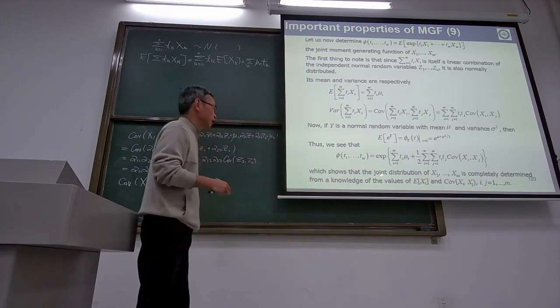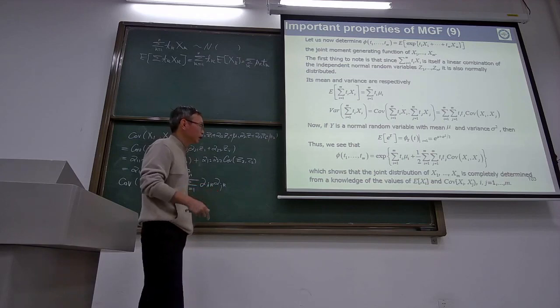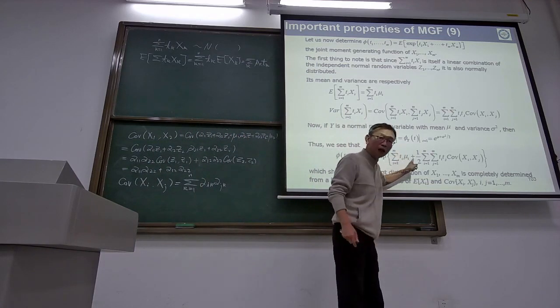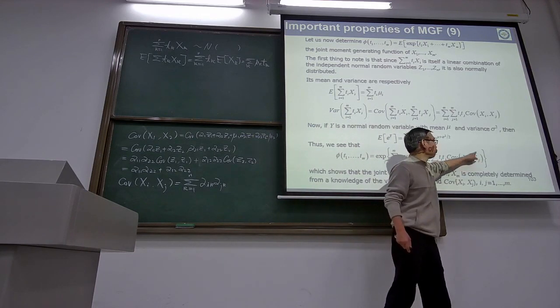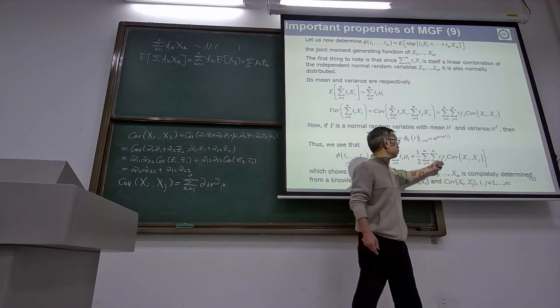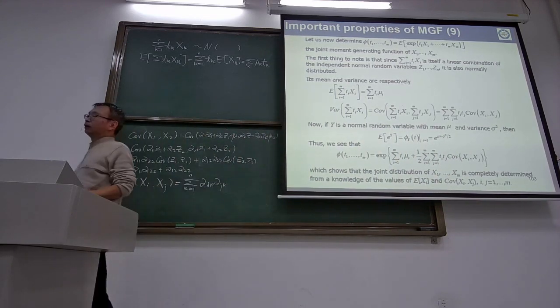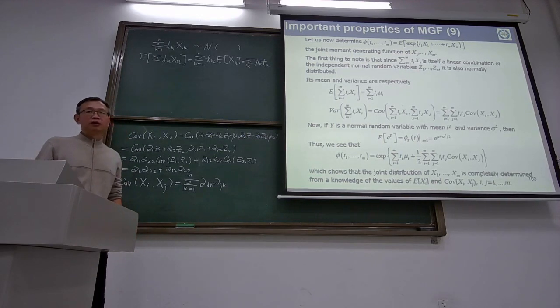This shows that the joint distribution of x1 to xm is completely determined from knowledge of this one, mu i, and the covariance, this one. Actually here, which is just an element of the covariance matrix.